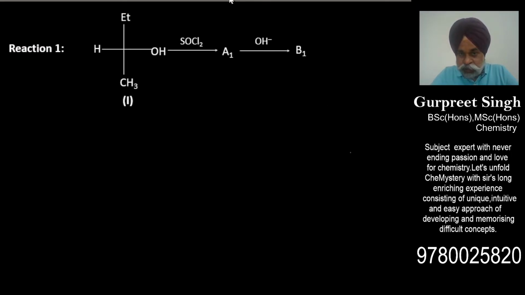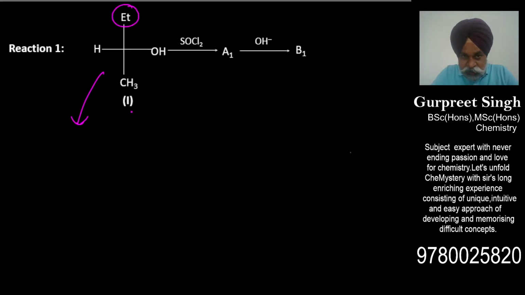Now I always say to my students that during any organic reaction where you are not very clear with the aspect of stereochemistry, or even if you know the stereochemistry also, I always advise to first do the reaction at a basic level, not engaging the stereochemistry. What I'm trying to say here is that first see what this compound is.